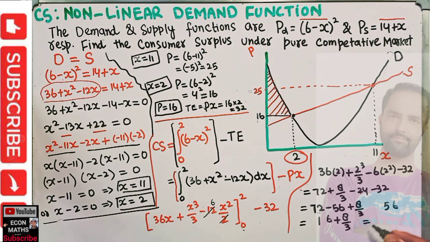We can write it like this: 3 into 16 plus 8, which is 48 plus 8, 56. So I got 56 upon 3. This will be our consumer surplus.